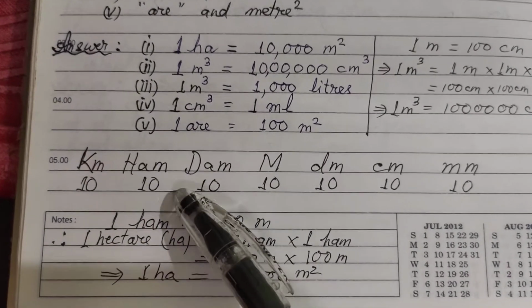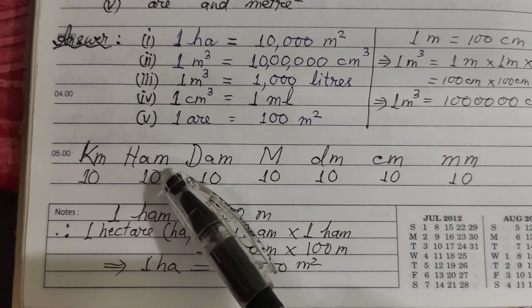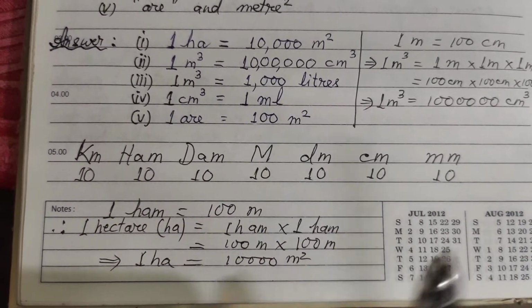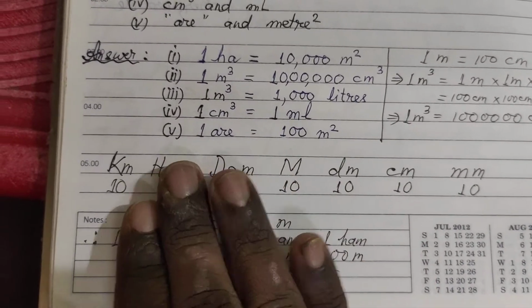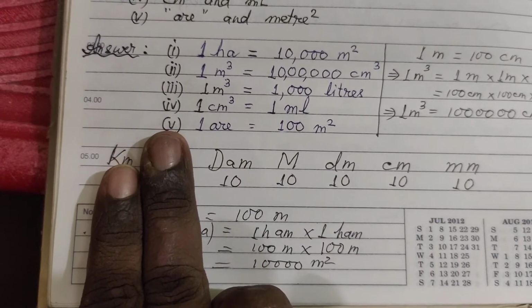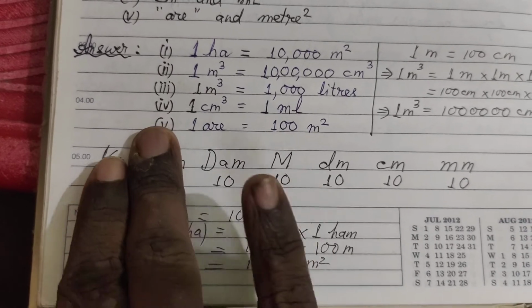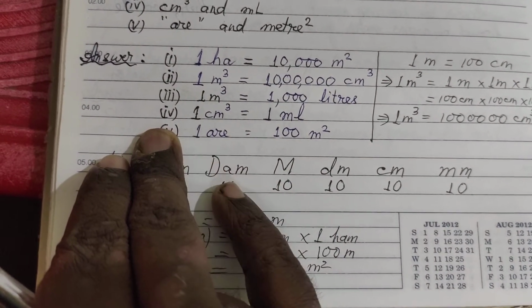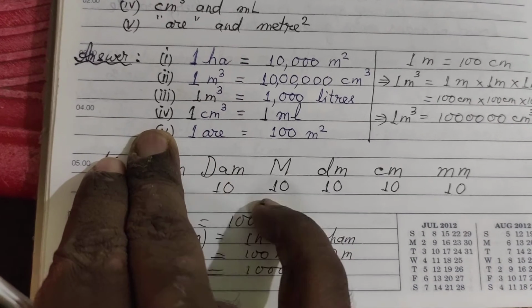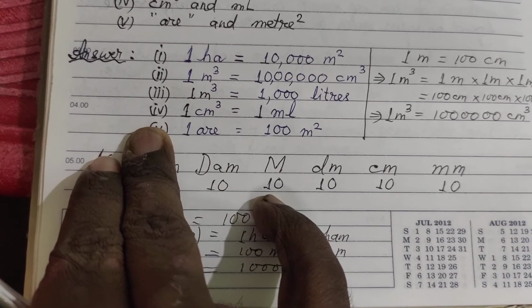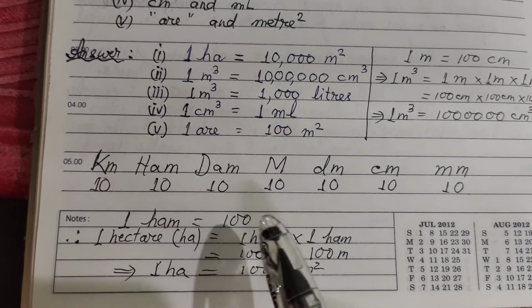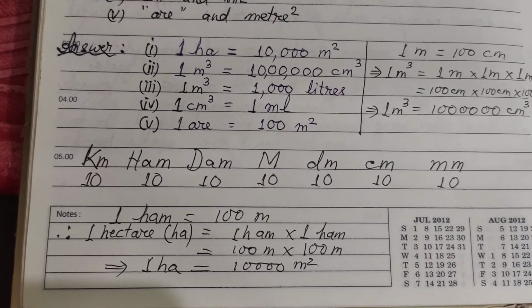If somebody asks you in 1 hectometer how many meters are there, you cover the hectometer with your hand, and from hectometer till meter you have decameter 10 and meter 10. 10 into 10, 100. So 1 hectometer equals 100 meters.